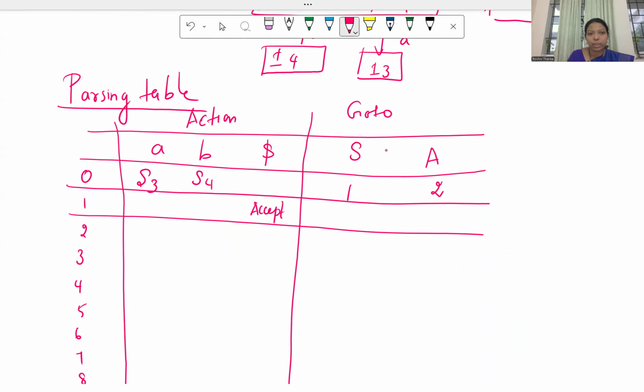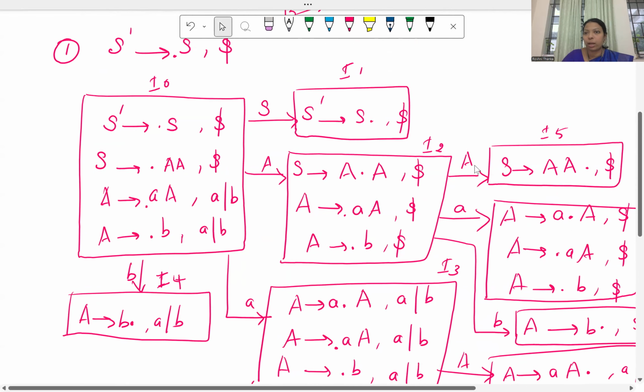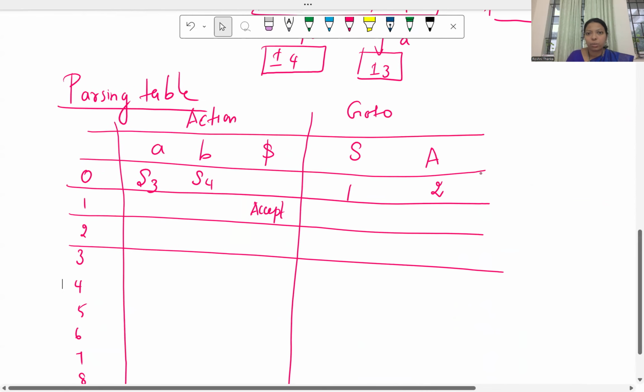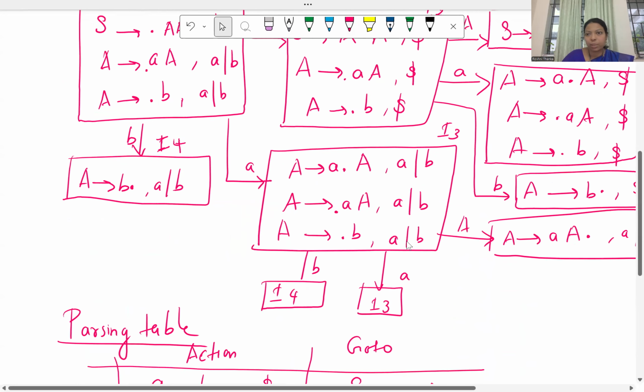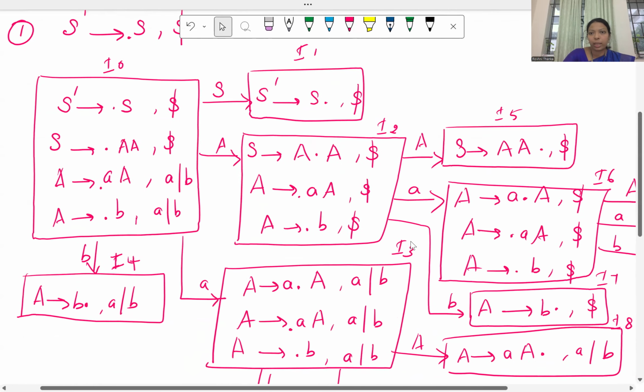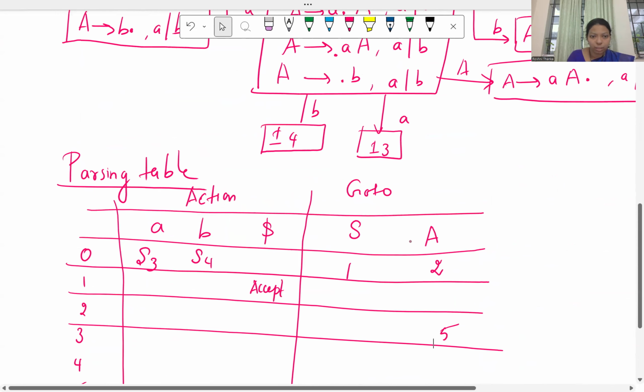Then we go to the next state, the second state. What are the go-tos we have in the second state? We don't have any final state. We have a go to on A. On A, it is going to I5, so you have to write the number alone. And then on small a, it is going to I6, so write S6 here.